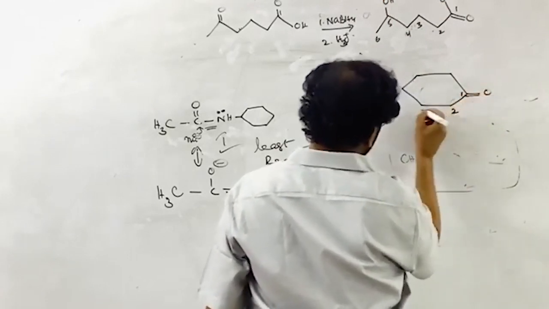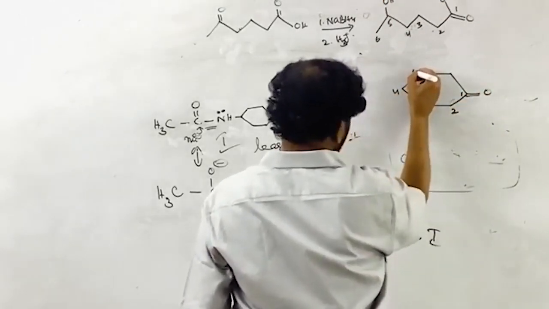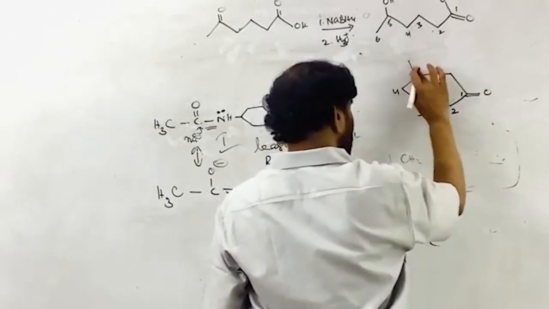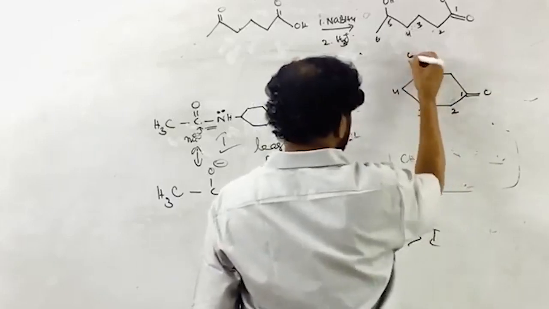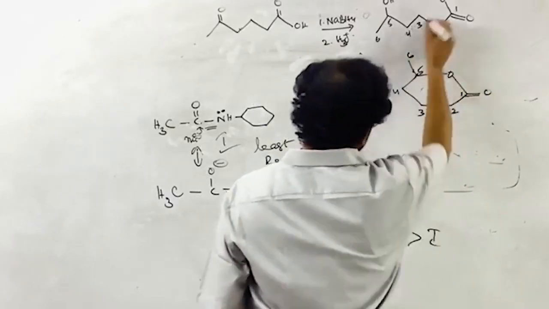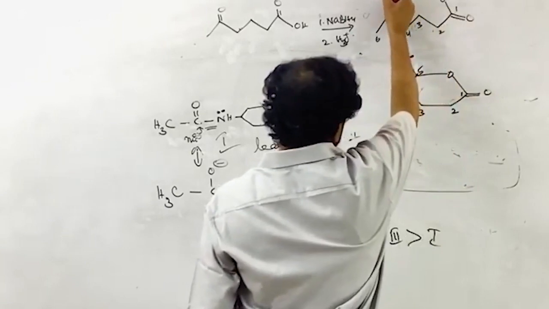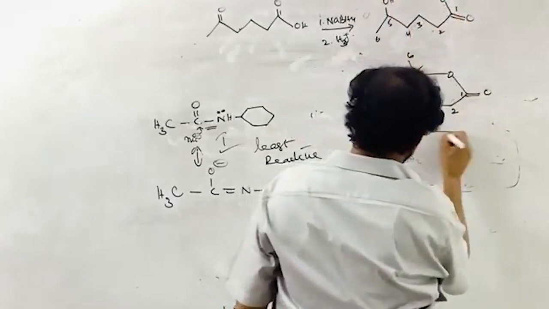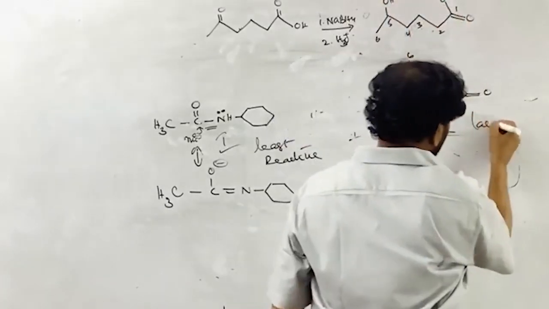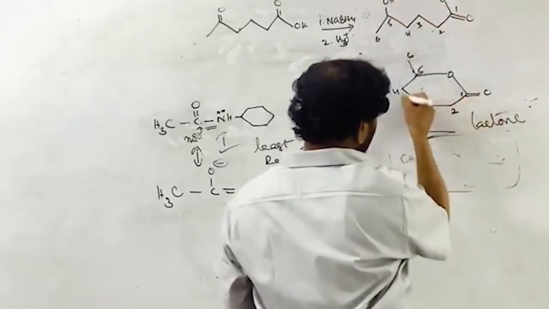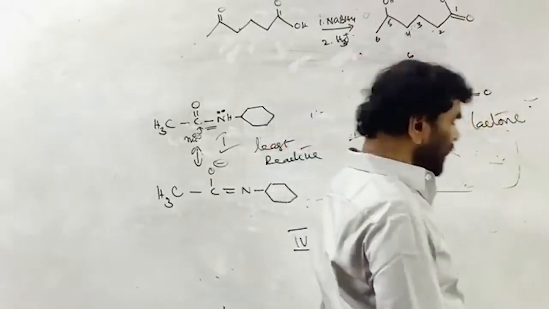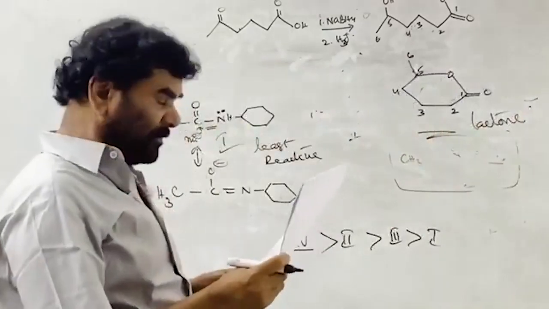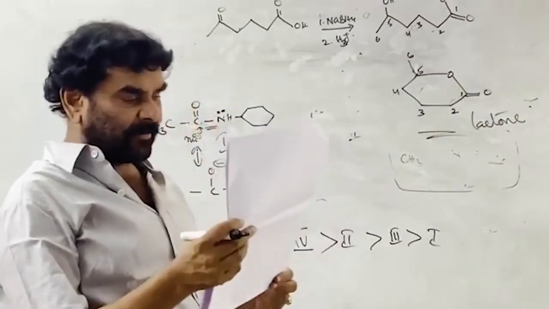1, 2, 3, 4, 5. That is, 5 contains a methyl group. This is 6, the oxygen. This oxygen and this lose water and convert into this one. This is the product, the lactone, hexane 1,5 lactone, a methyl valerolactone.